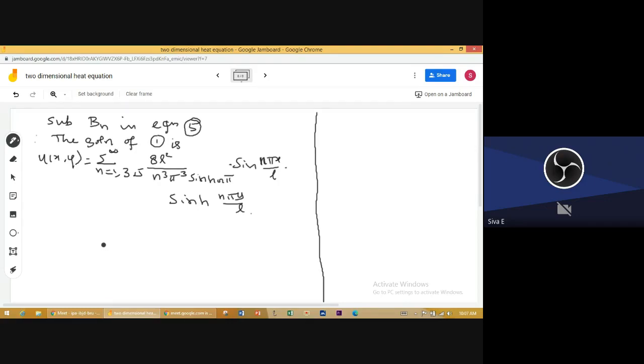So one more problem in x direction, a boundary value problem. Better we go for the Y direction. Tomorrow we'll discuss. Today we'll discuss one more problem.